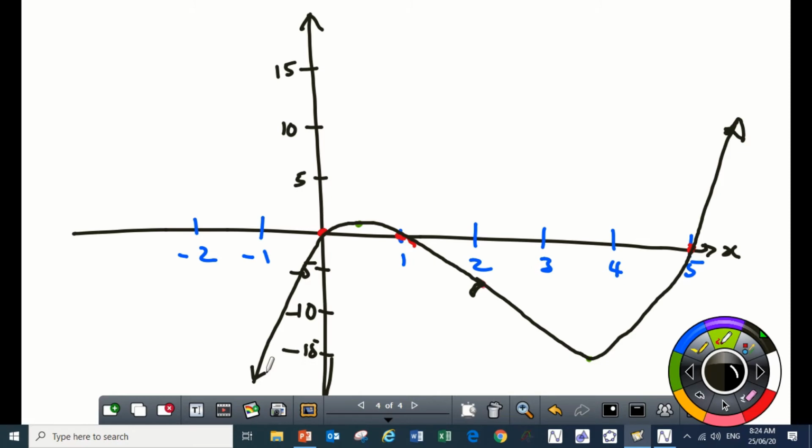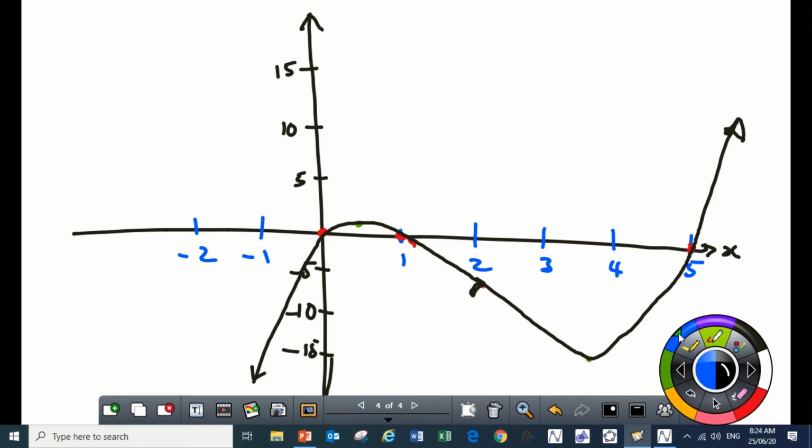Now, I just want to add some things here. I want you to put those as answers on your graph. So this is f of x. But sometimes you can get a question saying, for what values of x is the cubic graph an increasing function?